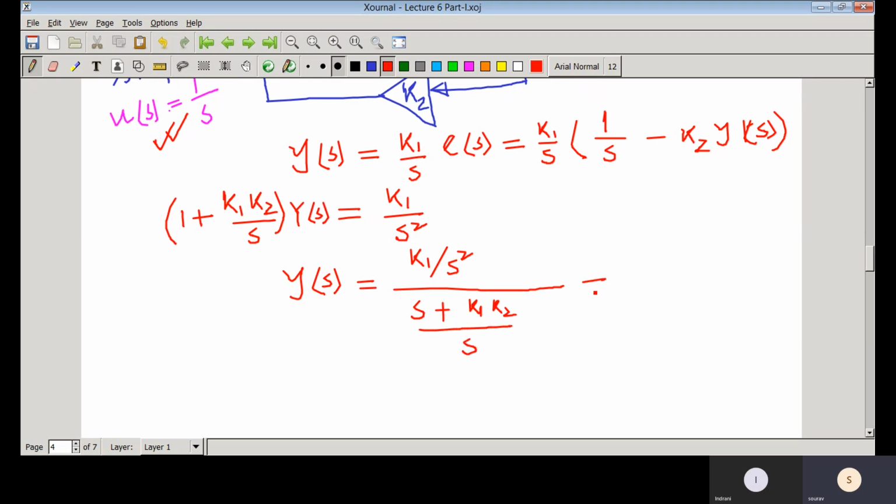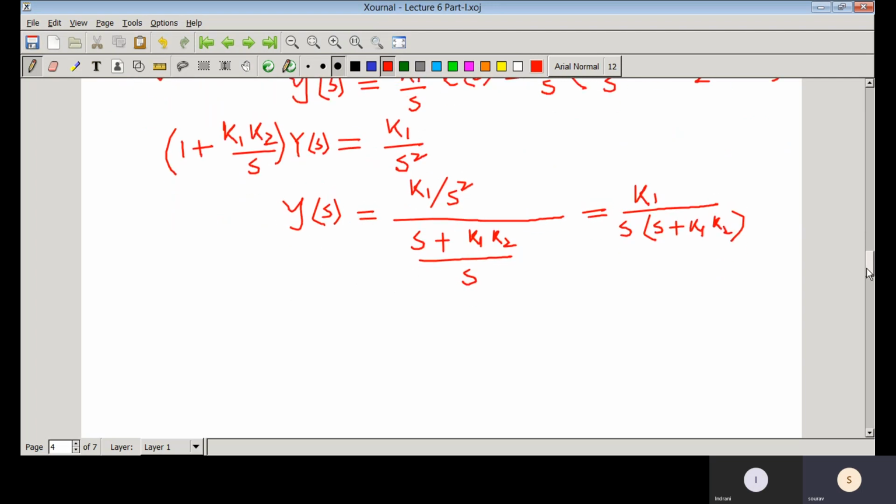Now if you simplify this, you will get K1 divided by s into (s plus K1 into K2). So now we'll be applying the final value theorem. If you would like to apply the final value theorem, then we need to see whether sY(s) is analytic or not.